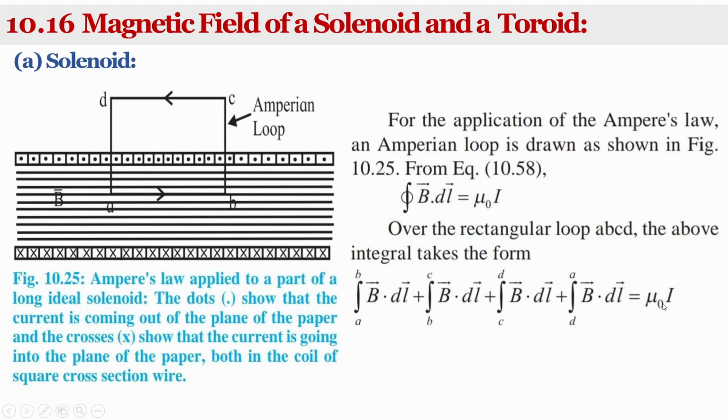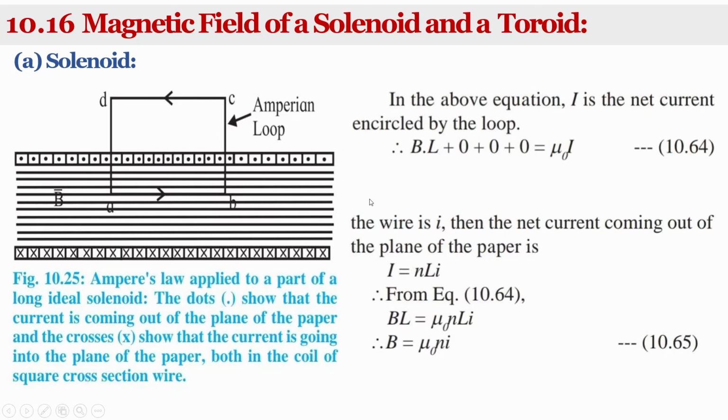This is the line integral for a closed path, and that closed loop is rectangular, so the closed path integral of B dot dl can be divided into four parts. Then I is the net current encircled by the loop, the net current flowing through that loop.